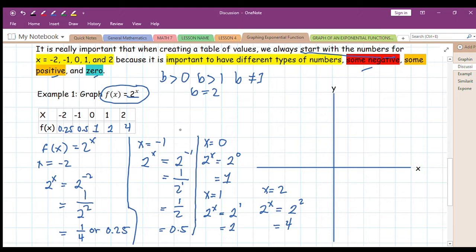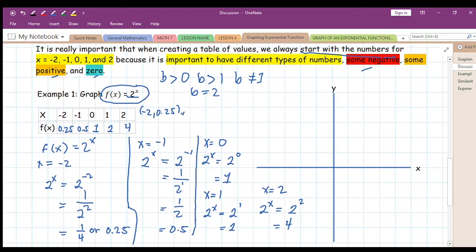So meron na tayong nakitang, nakumpleto na natin yung table of values. And after we completed that table of values, we're now going to determine the ordered pairs na nakuha natin. And after that, we're now going to plot those ordered pairs. So we have the ordered pairs of negative 2 and 0.25.